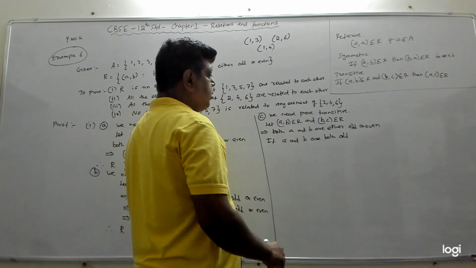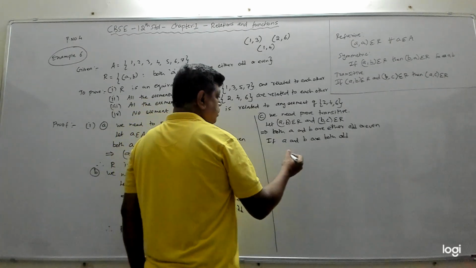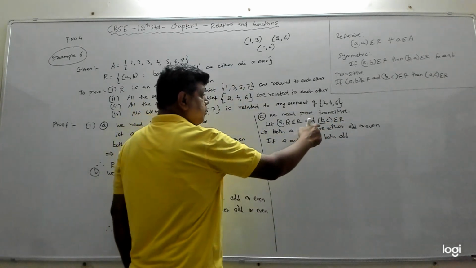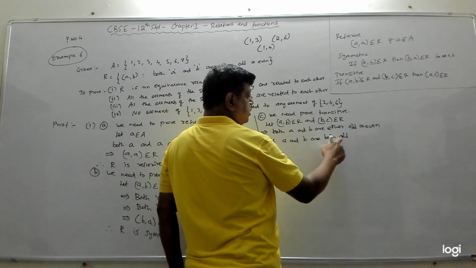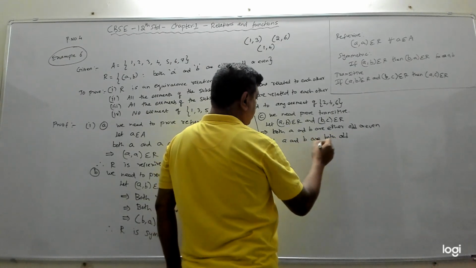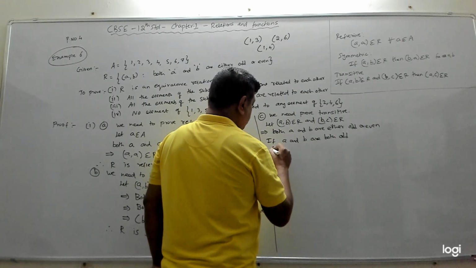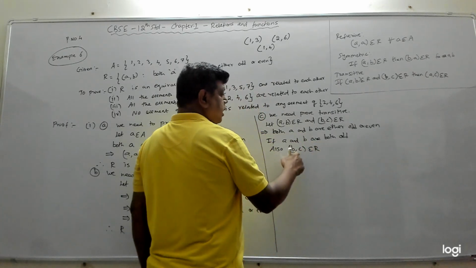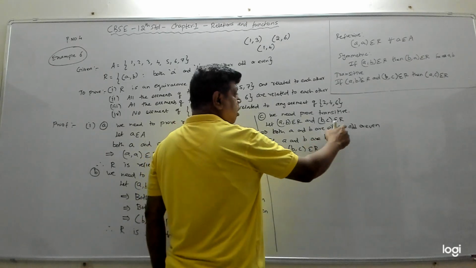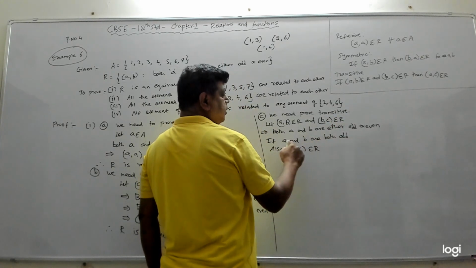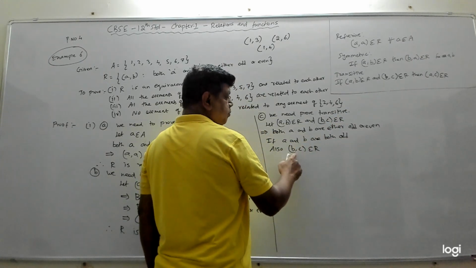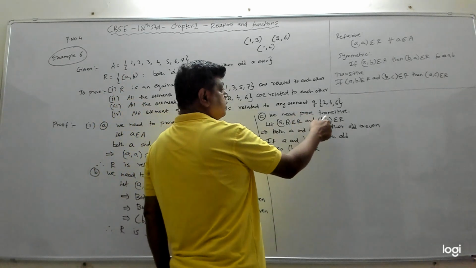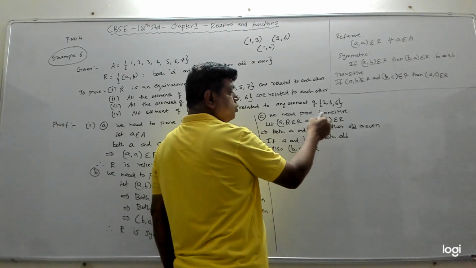Also B comma C belongs to R. When B comma C belongs to R, then B and C both are odd or both are even. But B is odd, since A and B both are odd. If B is odd, C has to be odd, because B comma C belongs to R.